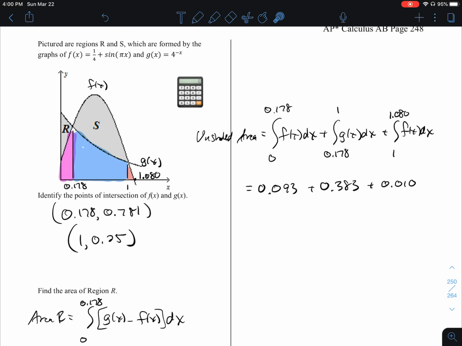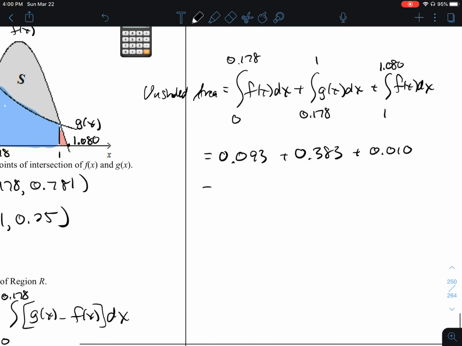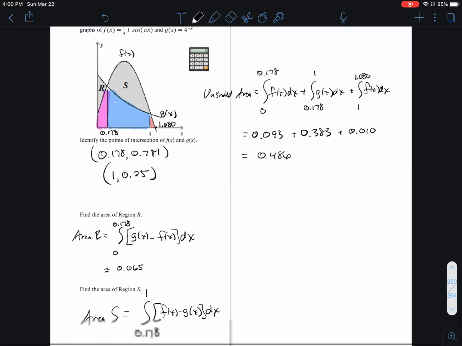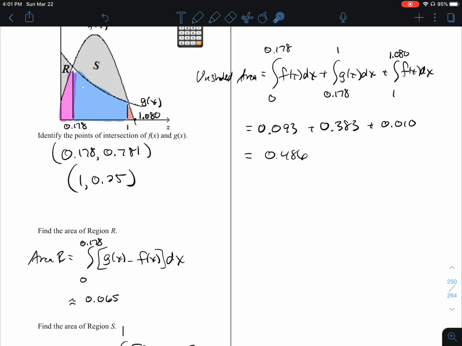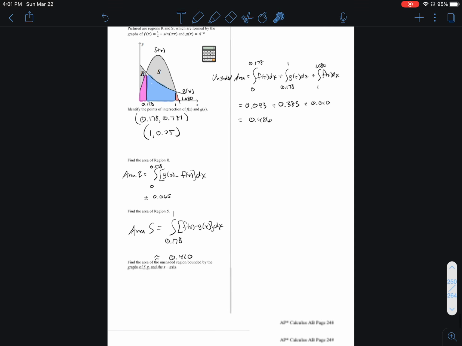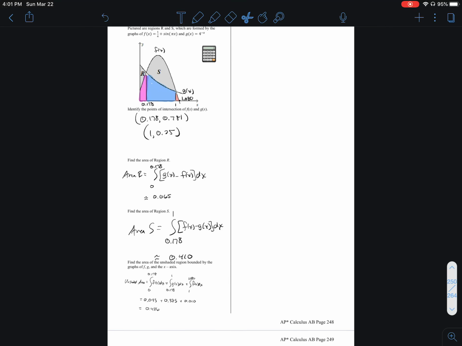This is 0.383 and this is 0.010. Put those together, you're going to get 0.486. Using your calculator, you have to do each of these separately. Find this one, write it down. Find this one, write it down. Find this one, write it down. A little tedious. Nothing you can't handle.